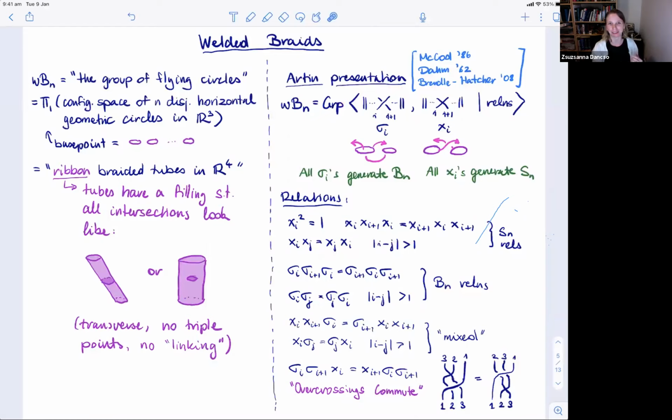kind of the things, if you've done any virtual knot theory, this is what you would expect. And then there's an interesting relation called the overcrossings commute relation, which is saying basically that you can pull an overstrand from one side of a virtual crossing to the other side of a virtual crossing. And if you've never seen this before, I highly recommend acting this out with some actual circles.